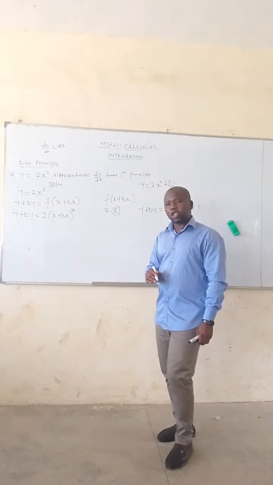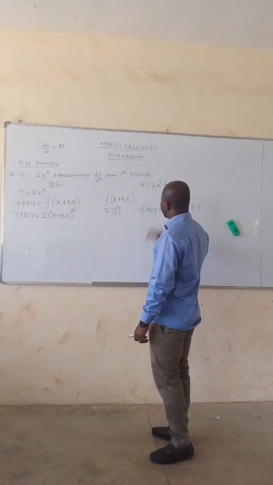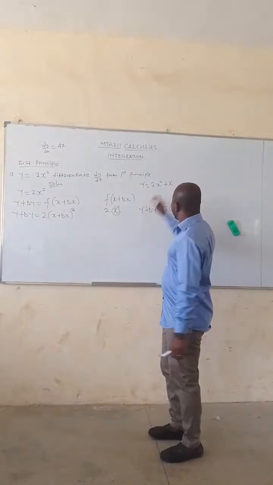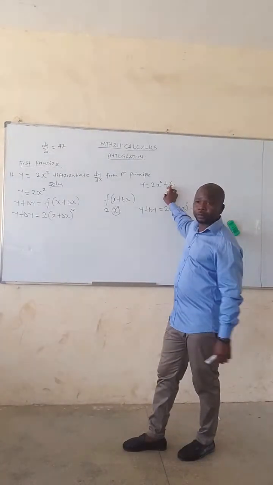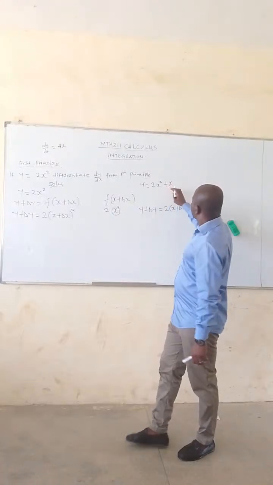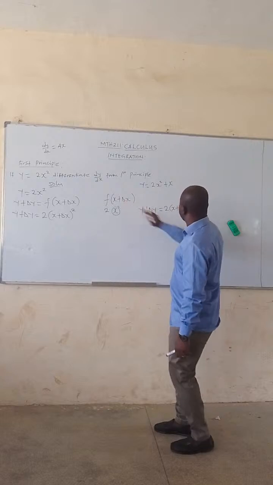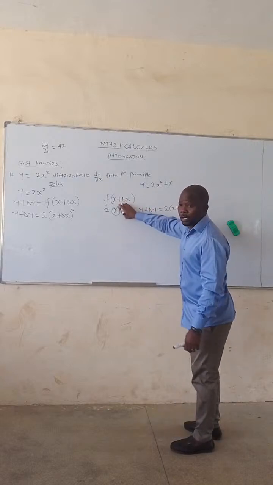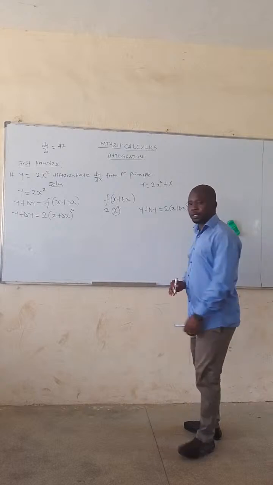Amen? But supposing here is x. We are not going to write it this way because this is a function. True or false? True. So since your x is raised to power 1, we are going to write this. This is your x, so you are going to write x plus dx.